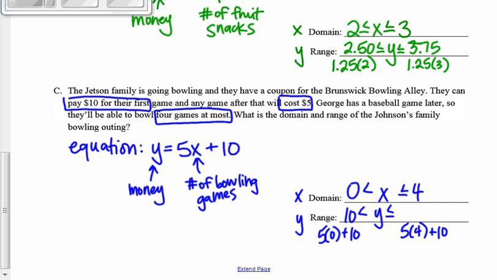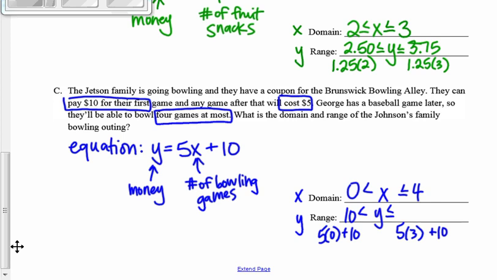Now actually, when I write this, if you think logically through this, I just wrote 5 times 4 plus 10, but really it would actually be 5 times 3 plus 10. That's kind of tricky here because, let me write that.